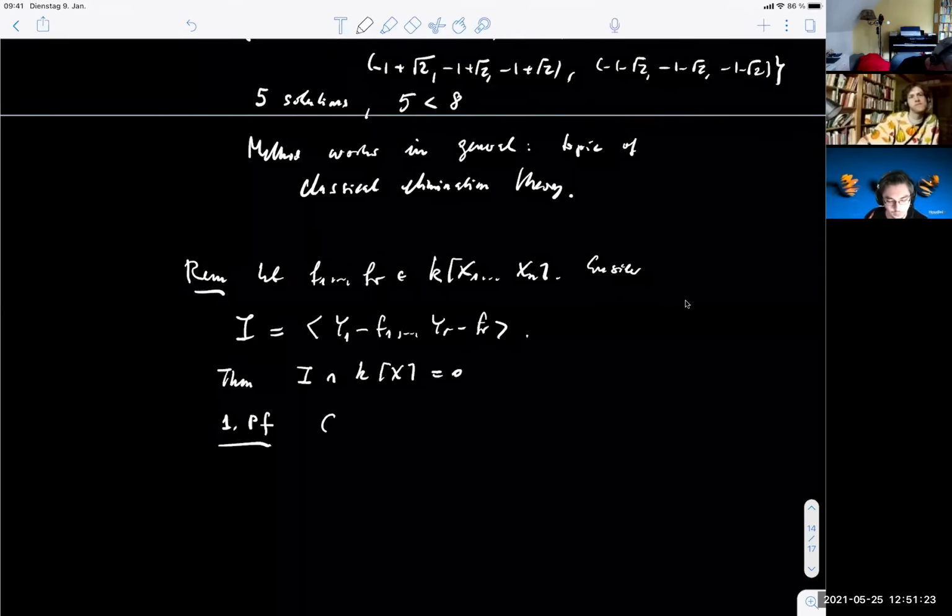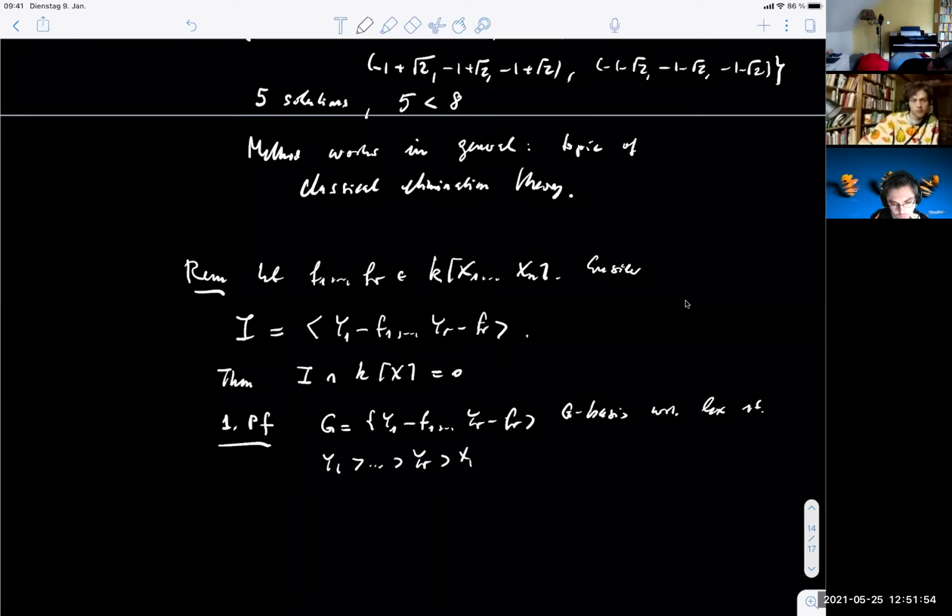So I have here a Gröbner basis. So this collection of polynomials is a Gröbner basis with respect to a term order where the yj's become the leading terms, say lex, such that the y's are large.